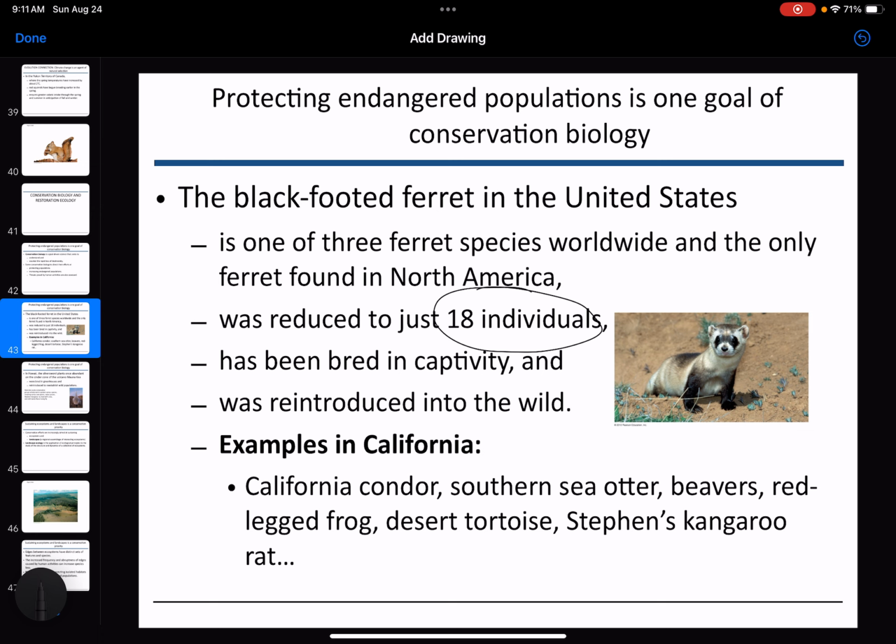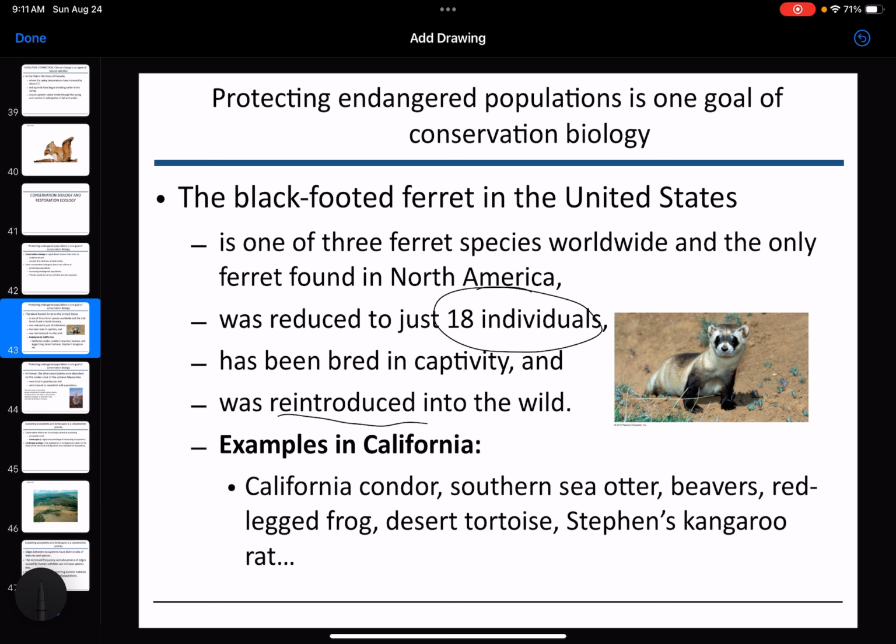I think you might understand also included breeding them in such a way that you would increase genetic variety to the best of our ability, given the fact that there were only 18 left, right? But growing their numbers has now led to reintroduction efforts where ferrets are going back to the wild. So that's on a very large scale looking at the U.S. overall.